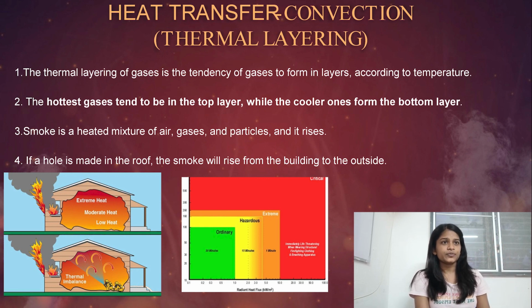Okay, so smoke is a heated mixture of air, gases, and particles, and it rises. And if a hole is made in the roof, the smoke will rise from the building to the outside. This is part and parcel of heat transfer focusing on convection.